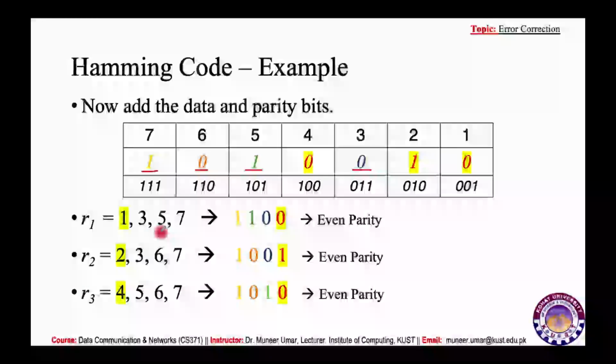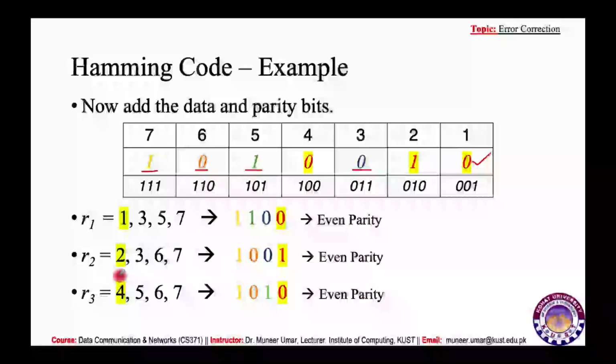For 3, 5, 7, we have bits 1, 1 and 0. 3, 5 and 7, we have 0, 1 and 1 from the right side. And to make it even parity, we must put the value of R1 equal to 0. So this 0 is added.